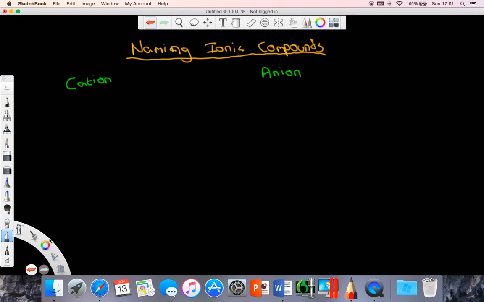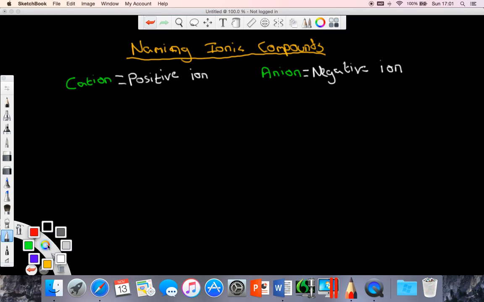A cation is an atom that has lost an electron, so a positive ion, whereas an anion is a negative ion. Whenever we join these together, an electrostatic attraction takes place, between a cation and an anion to form an ionic bond.